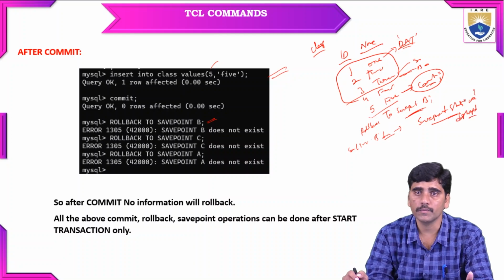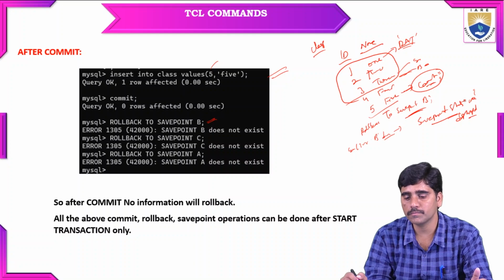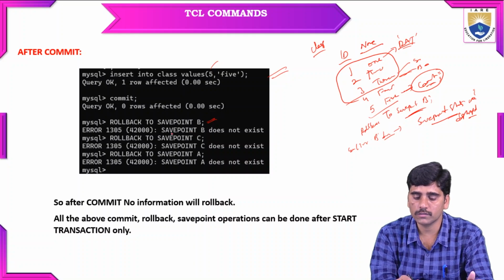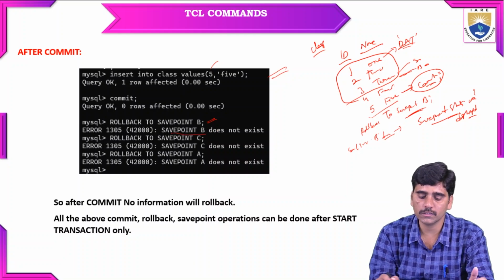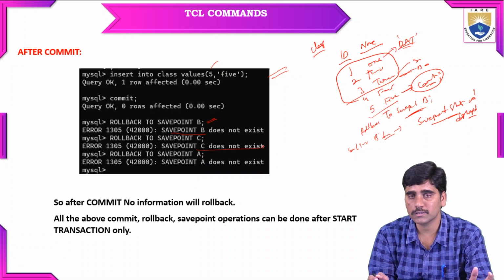After commit, the data is saved permanently. It checks and the save point is not there. Save point B does not exist, save point C does not exist, and save point A does not exist.